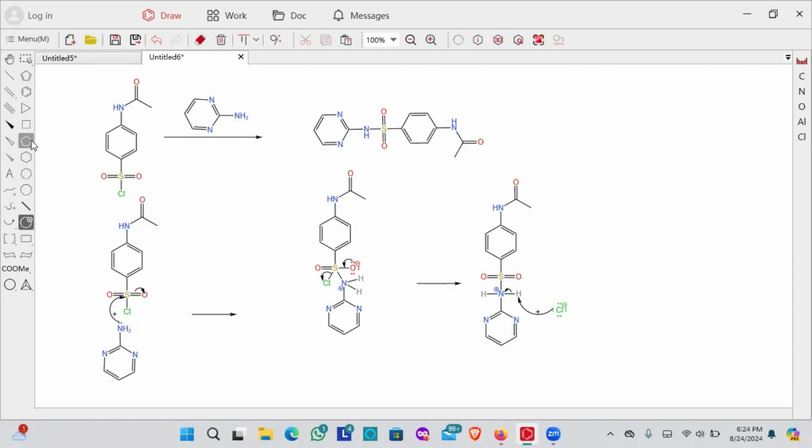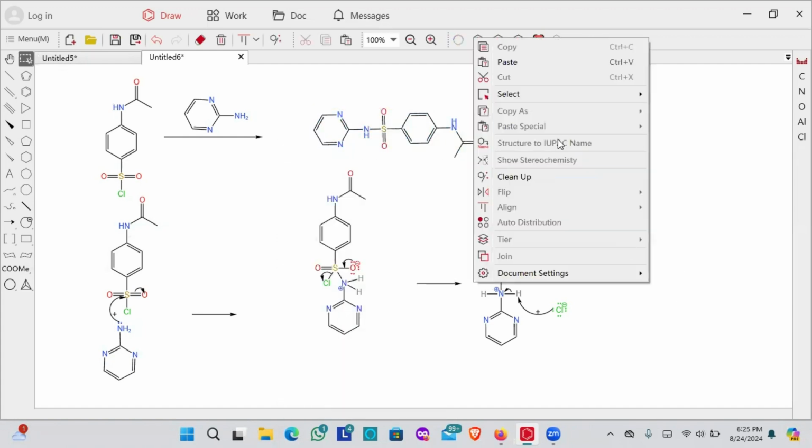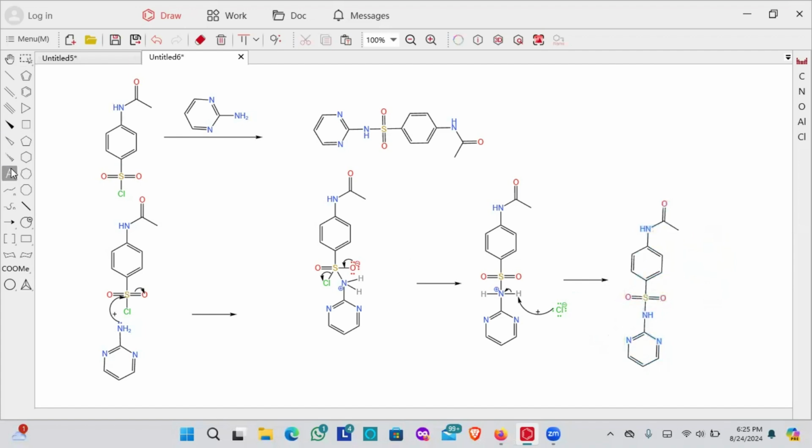So we're going to end up with the final product, which is going to be this structure here, as well as hydrochloric acid, plus HCl.